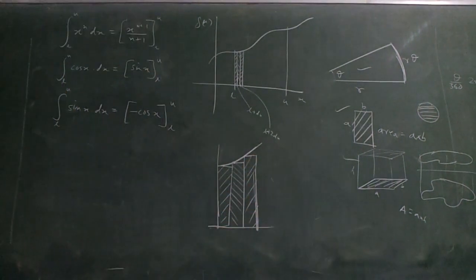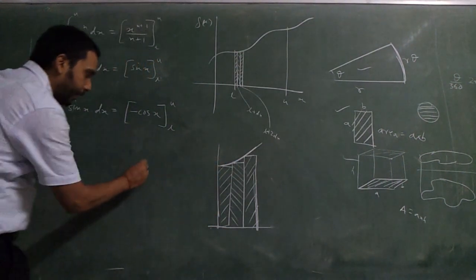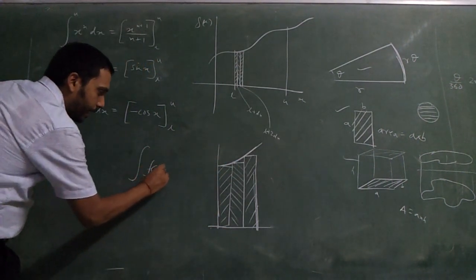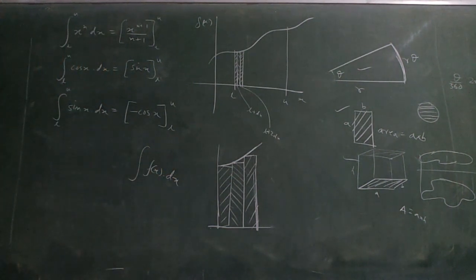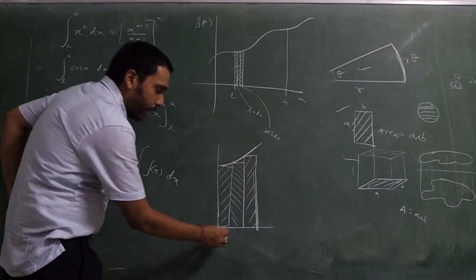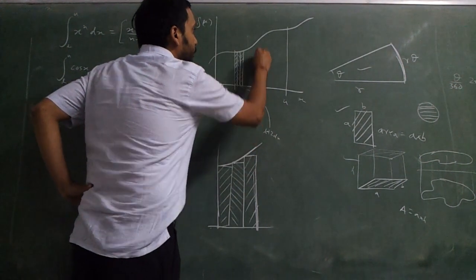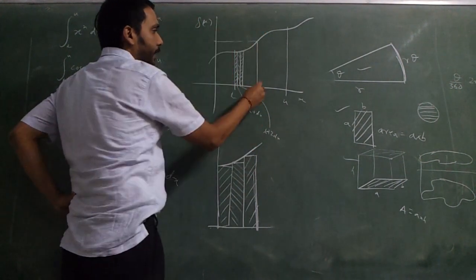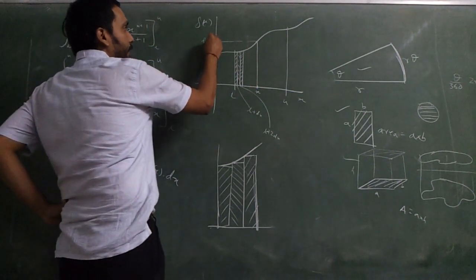Okay? The main point over here is, when I write integration of f(x) dx, what I am doing is taking, at any random x, the height. What is the height at point x? f(x) is the height.